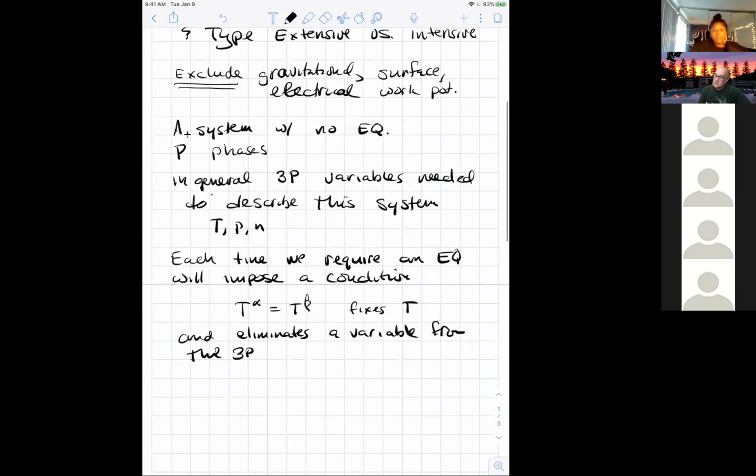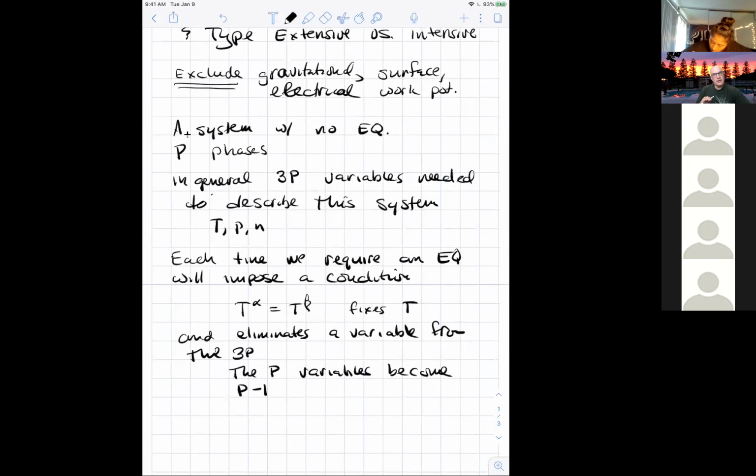All right. So what this really means is that the P variables become P minus 1.